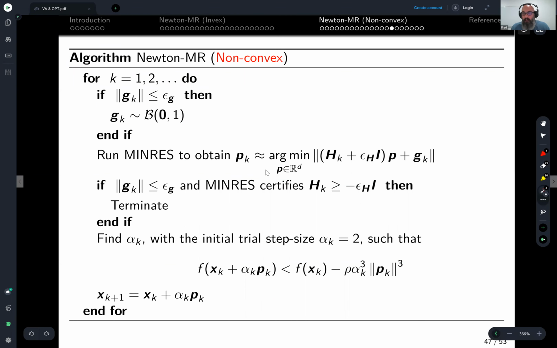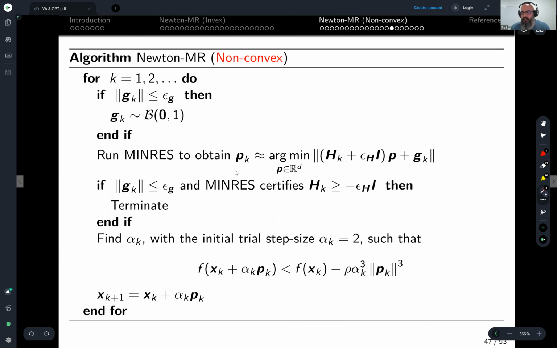We throw MINRES at this. We get an approximate solution. If the gradient was small and MINRES certified that this matrix is positive semi-definite, which essentially implies that the original matrix is approximately, to within epsilon, positive semi-definite, I'll terminate.